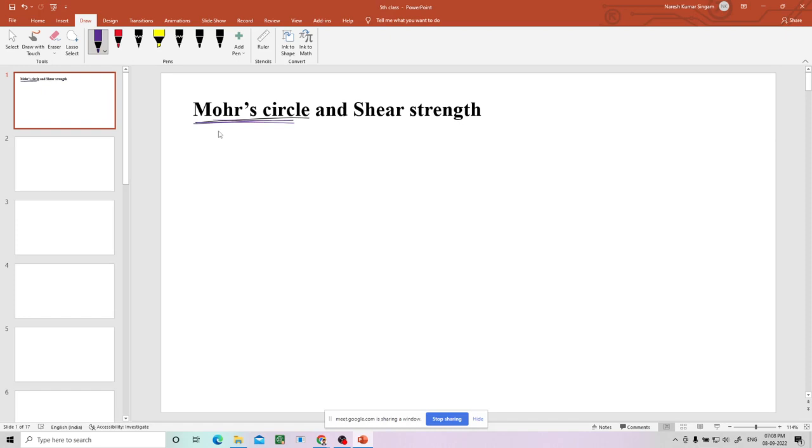Whenever the Mohr circle concept is required, I always try to repeat it because it's very difficult as well as very easy too. If you know the concept, it is very easy. I'm just repeating briefly this time as I have already taught 2-3 times. These are interrelated, Mohr circle and shear strength.